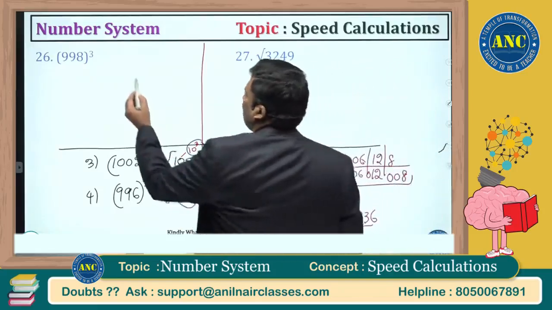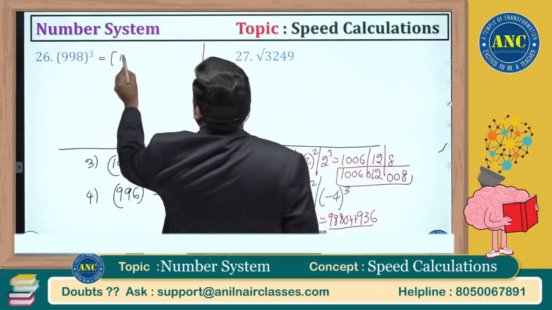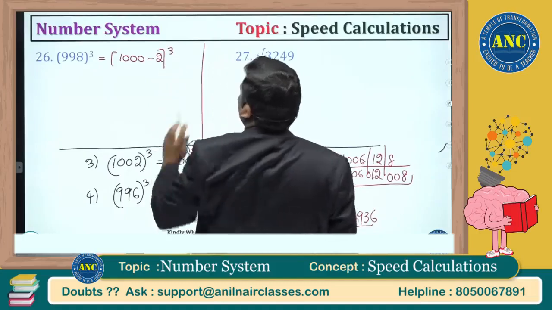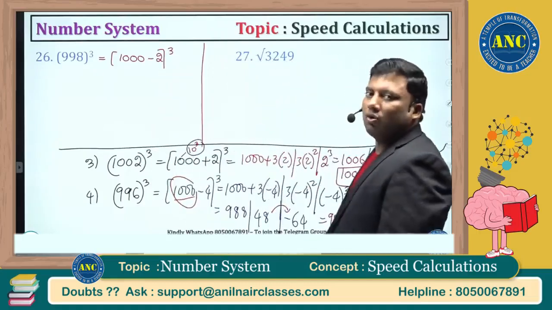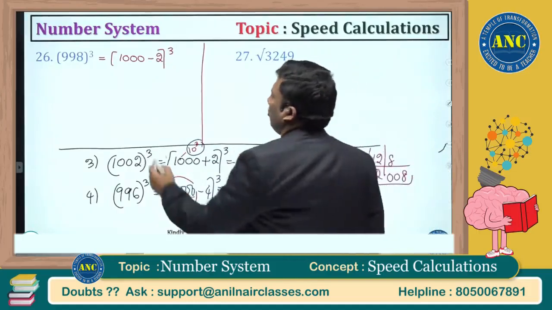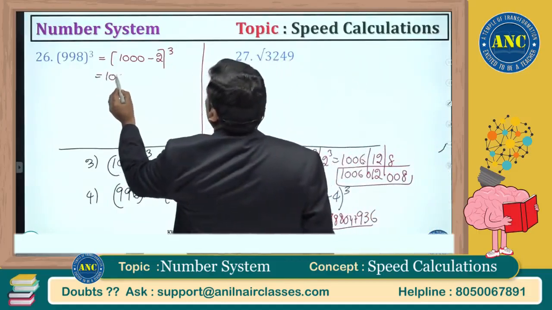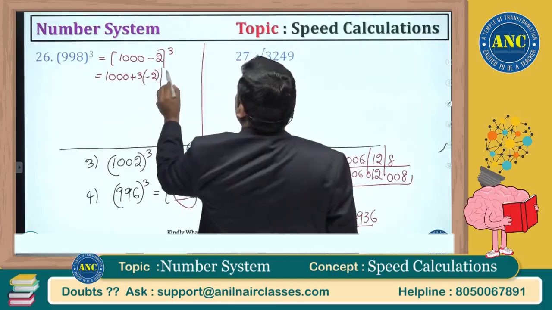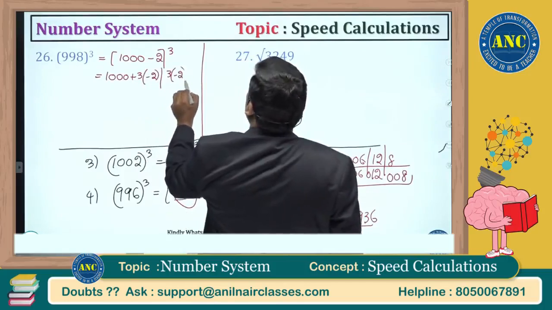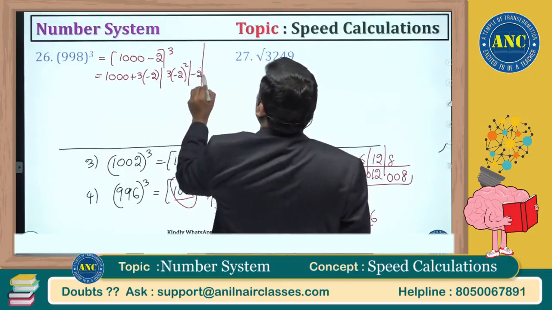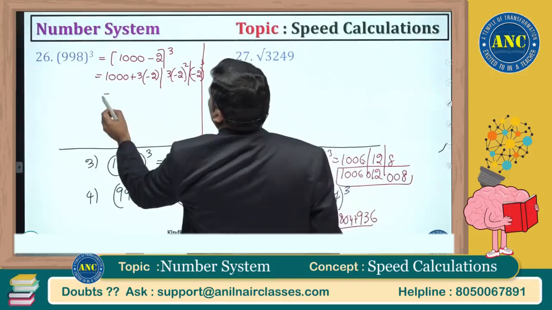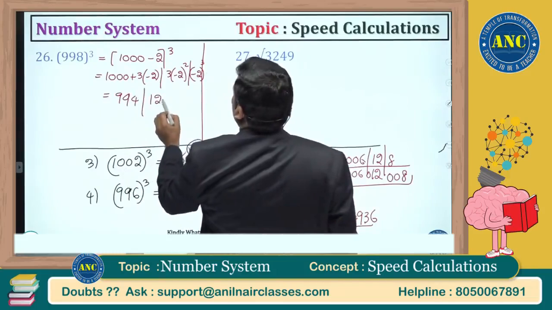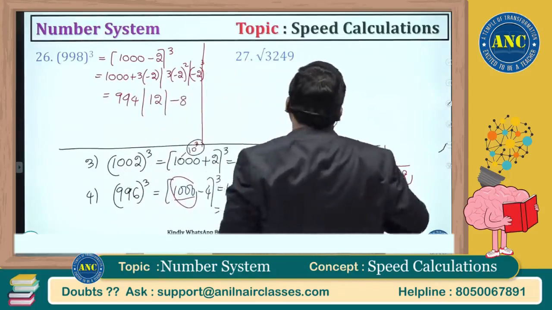Now once you understand this one, this question is also very easy to solve. 998 whole cube is 1000 minus 2 power 3. So this is defined as b cube, next 3 b square x, next 3 b x square, and the next one is x cube. 1000 minus 6 is 994. 4 3s are 12. Minus 2 cube is minus 8.